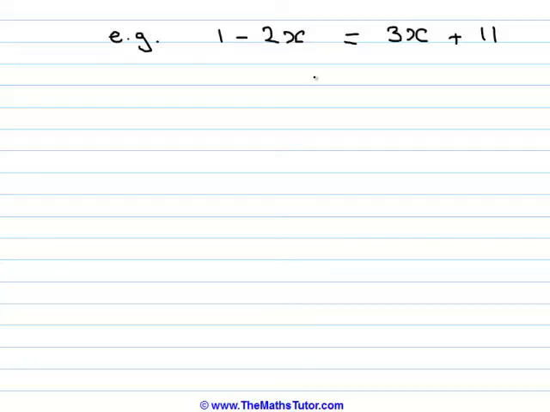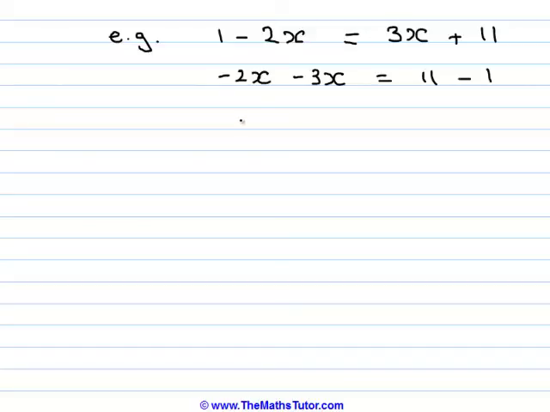So the first step is to bring all the terms involving x to one side and all the other terms to the other side. So this becomes minus 2x minus 3x equals 11 minus 1. So when we move terms across the equal to sign, we change their sign. This keeps the balance so that both sides are equal.